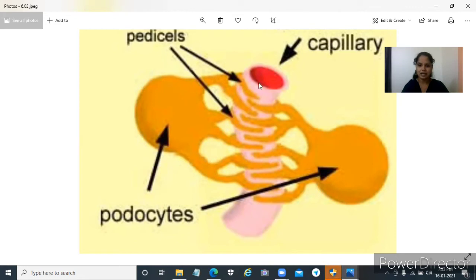And they are totally covered with the glomerular capillary. Means the filtration or the blood enters here.